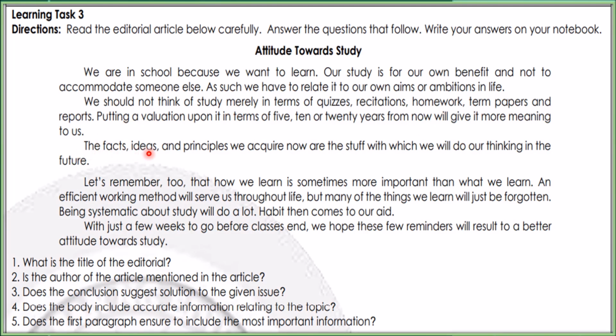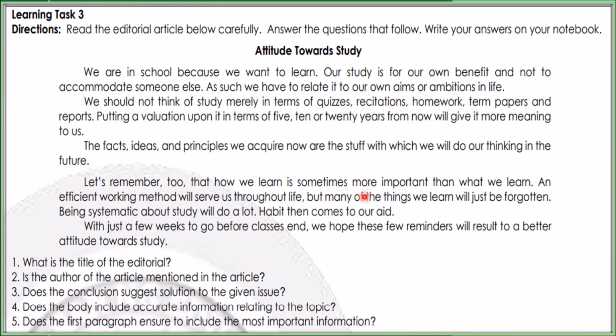The facts, ideas, and principles we acquire now are the stuff with which we will do our thinking in the future. Let us remember too that how we learn is sometimes more important than what we learn, and an efficient working method will serve us throughout life.